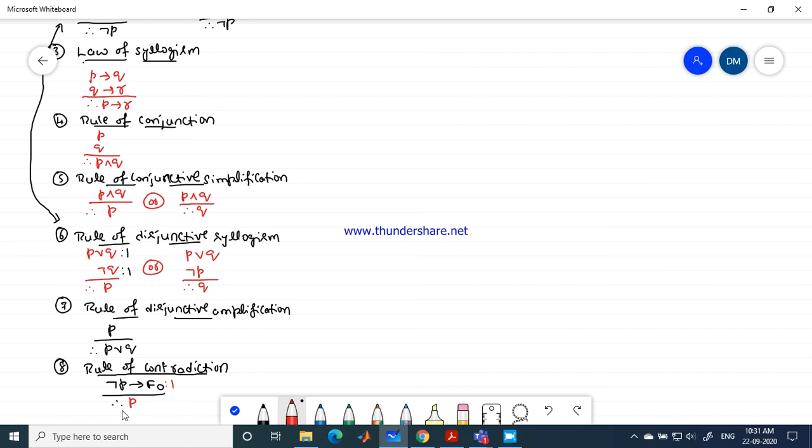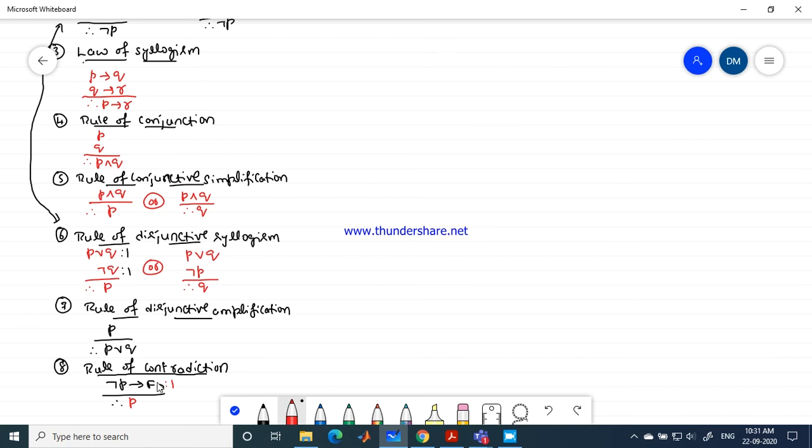You people have done this kind of problem in your lower classes, like when I want to prove a statement is true, and to do that we use the method of contradiction. Since I want to prove P is a true statement, assume that P is false. When I assume P is false, negation P becomes a true statement. With negation P true, you try to prove something and you will arrive at a contradiction, that is F naught, which I have written here.